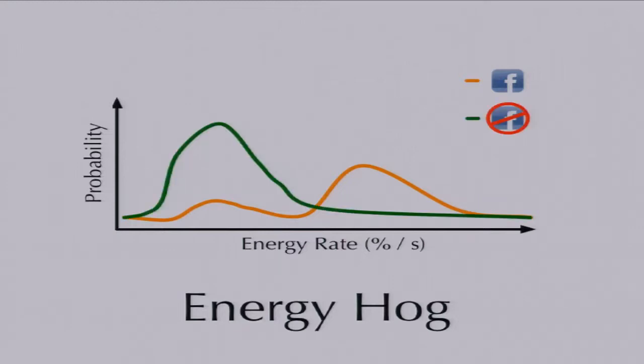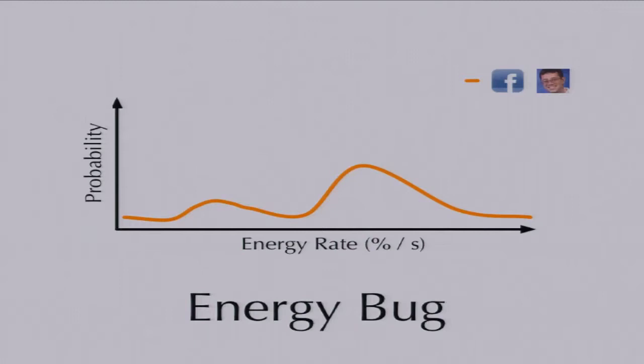And if you see a pattern like this, where it shows that running Facebook seems to statistically use more energy than not running Facebook, but running a variety of other apps, meaning all the other potential ones, then we call this an energy hog. So what this means is that if Facebook were categorized as an energy hog, then that would mean that statistically it seems to use more energy than most other apps.